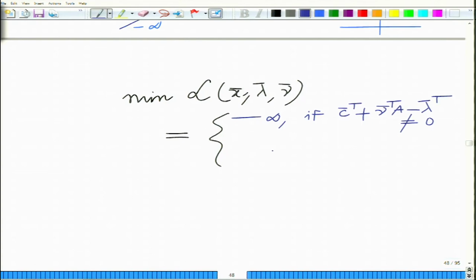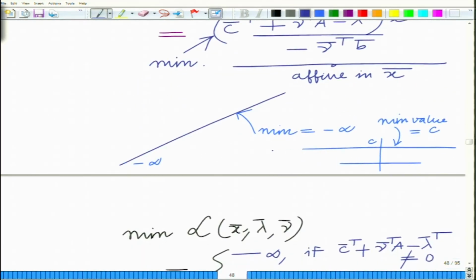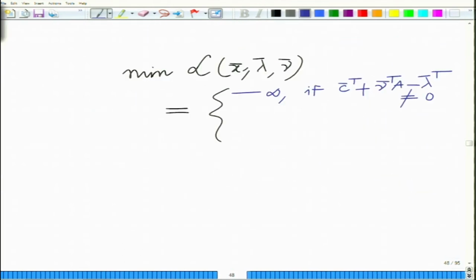On the other hand, if that vector is 0, then the minimum is simply the constant, that is minus nu bar transpose B bar.